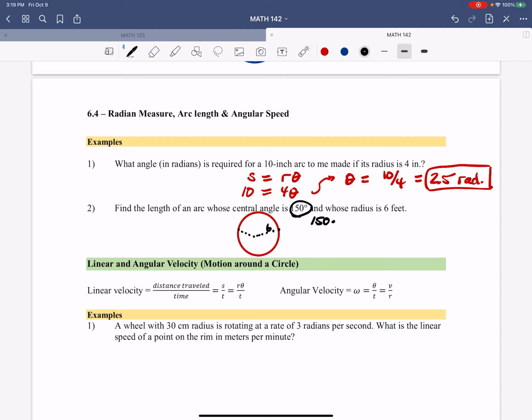So 150 times pi over 180 is the conversion factor, and that gives me 5 pi over 6. So the length of my arc is R theta, which is 6 times 5 pi over 6, which is 5 pi, and it's going to have the same units as the radius. That's 5 pi feet.